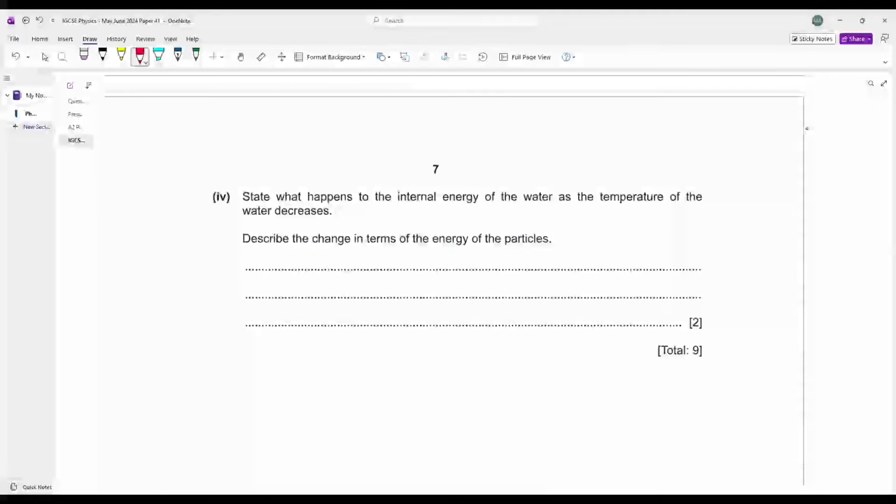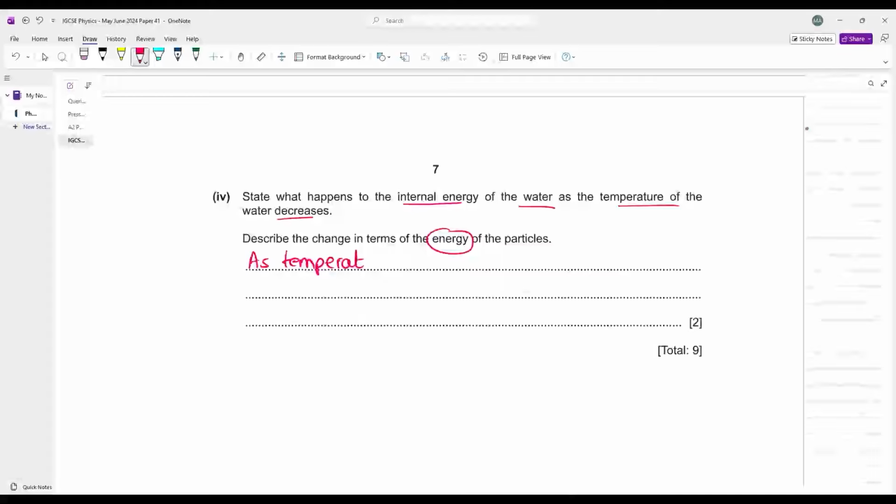State what happens to the internal energy of the water as the temperature of the water decreases. Describe the change in terms of energy of the particles. So you will say as temperature decreases, the kinetic energy of particles decreases.